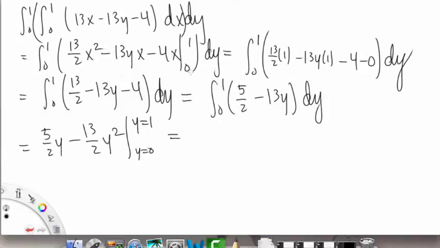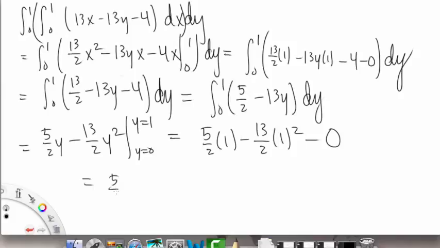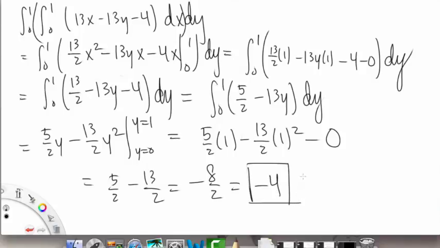When we plug that in, we get 5 over 2 times 1 minus 13 over 2 times 1 squared minus 0. That is 5 over 2 minus 13 over 2, which is negative 8 over 2, and our final answer is negative 4.